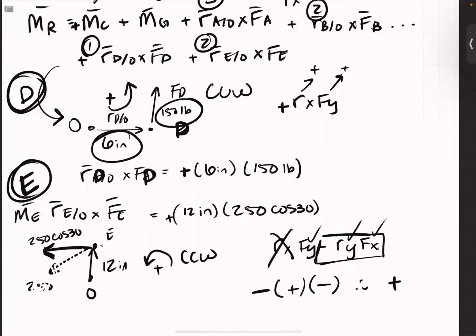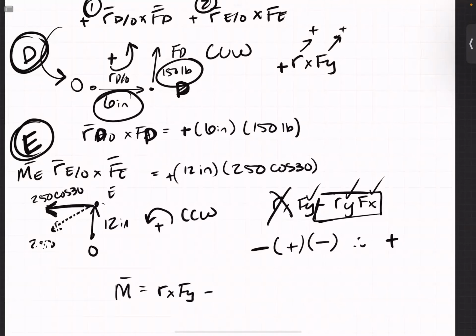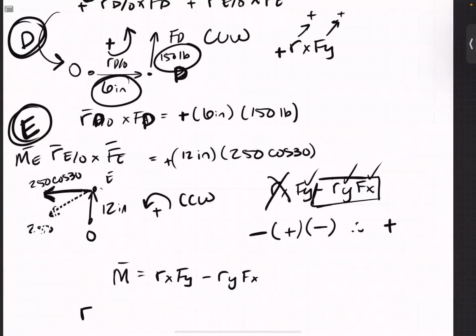Is the Fy from the original component? Yeah, where do you see that? The generic equation, not looking at point E or point D, is Rx Fy minus Ry Fx. Our original R with respect to O was equal to 0 in the x and the y.